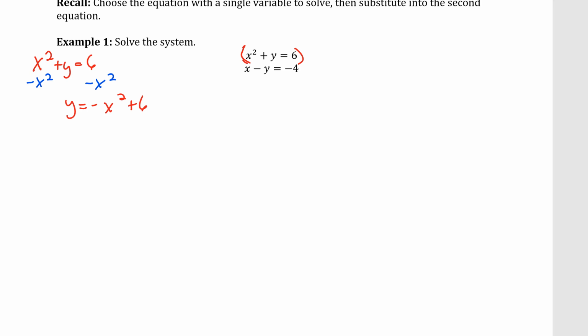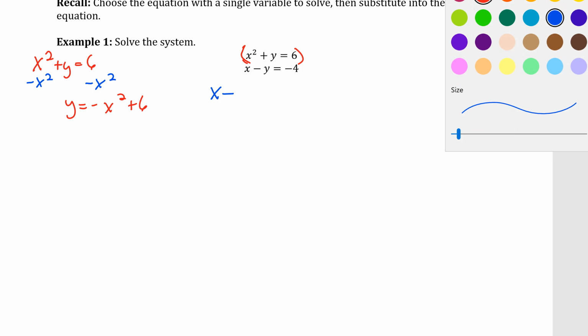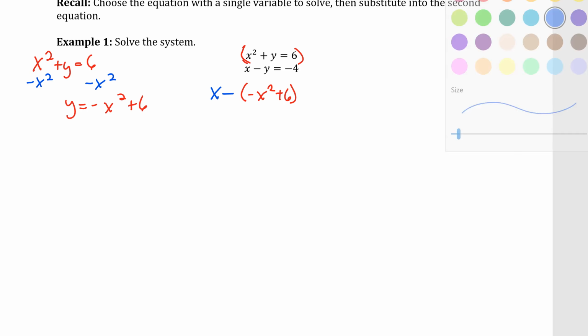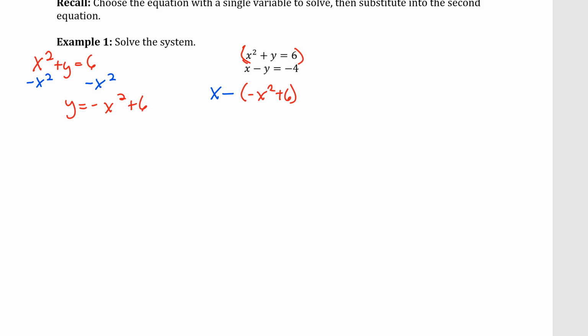So I'm going to have x minus this entire thing, negative x squared plus 6. Be careful, watch this sign, okay? Because it's a negative y, I have to remember to distribute that negative in here. So I've got to distribute this negative into both of them. So I actually end up with x plus x squared minus 6 is equal to negative 4.